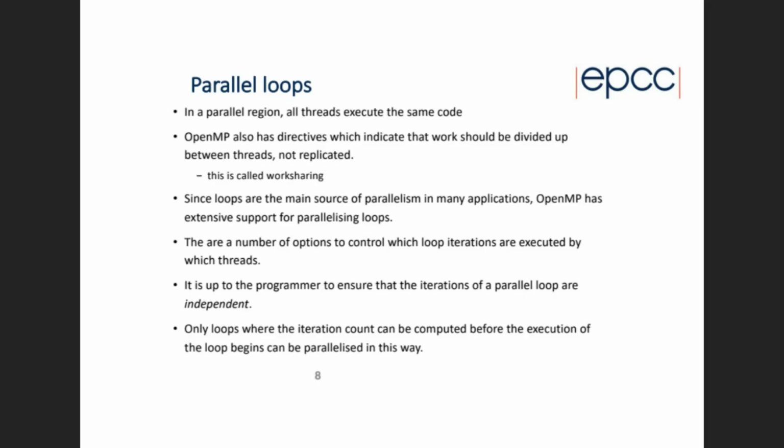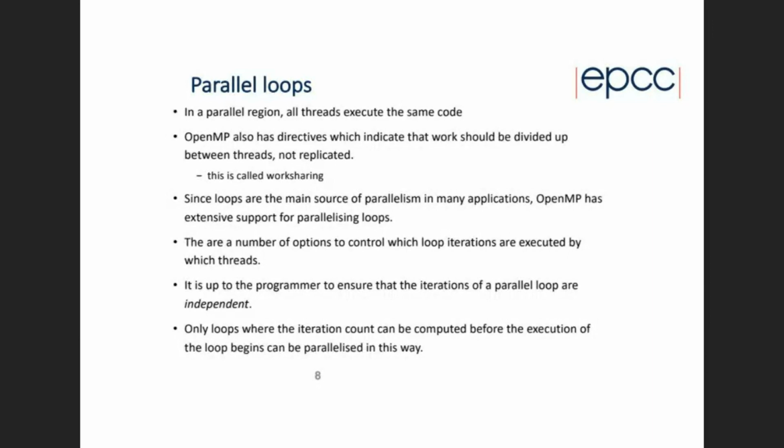In OpenMP, this is called work sharing. Because loops are the main source of parallelism everywhere, OpenMP has a lot of support for parallelizing loops, and we will talk in detail about how that works this afternoon. For example, there are a number of options to control which loop iterations are executed by which threads and so on.